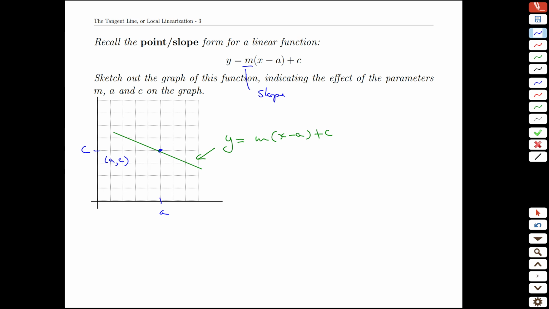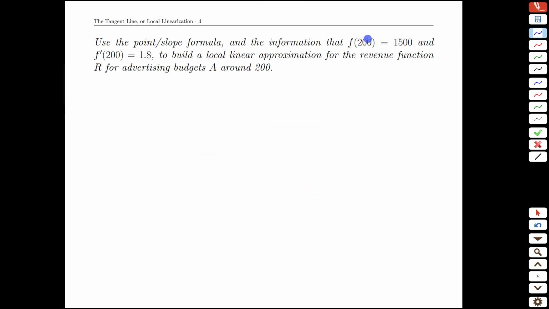So the key thing is it's a line with slope m and which goes through the point a, c. And the slope is exactly what we had in our revenue model on the last page. Here's our point, and here is our slope.